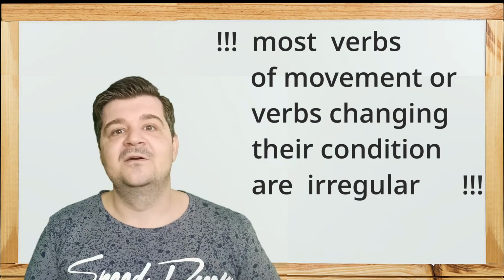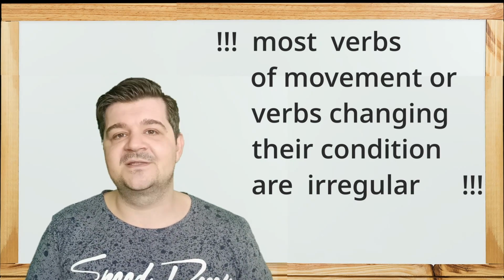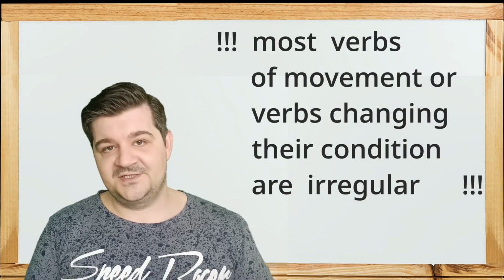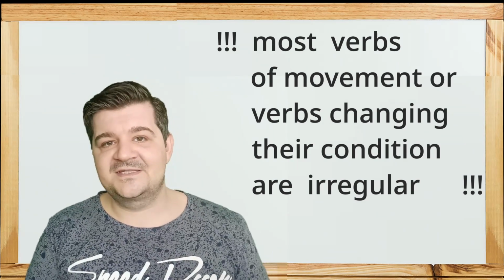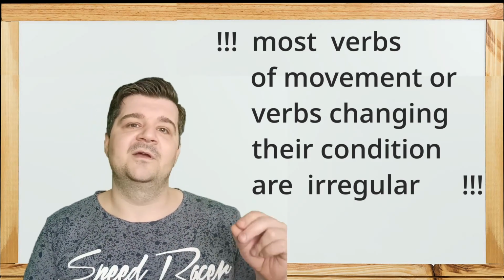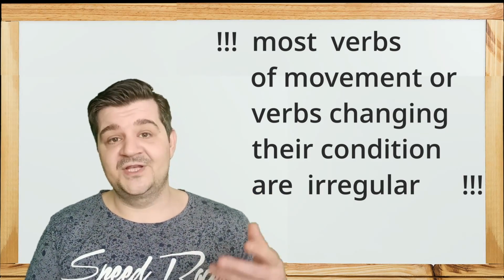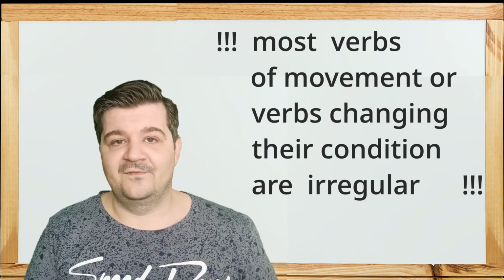So this is a real movement. For example, dancing is not a movement, it's a stationary action. Such stationary actions we will have a look at in our next video, but in this one I will simply have a look at the verbs of movement, which are in almost 90% of all cases irregular verbs.